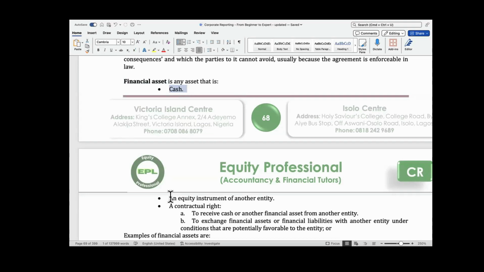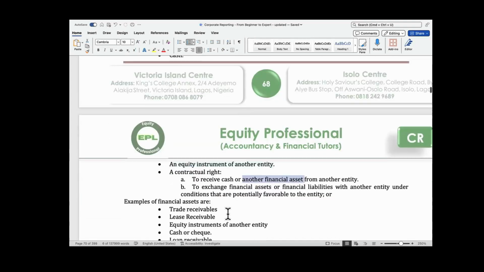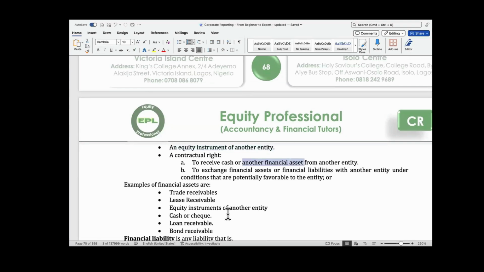Financial asset can also be equity instrument of another entity, and it is also a contractual right to receive cash or another financial asset. At this point, I gave you several scenarios to explain this definition. And financial asset could also be a contractual right to exchange financial asset or liabilities with another under conditions that are potentially favorable to the entity.